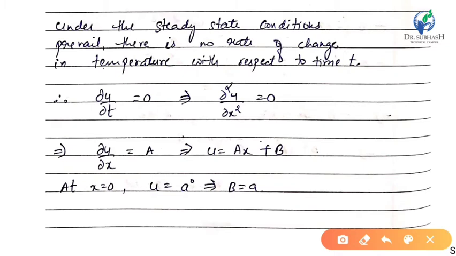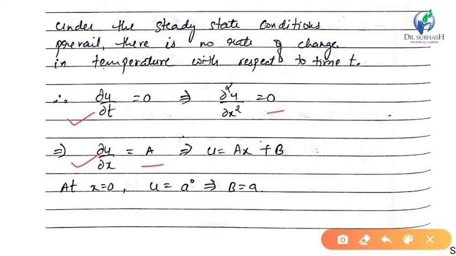So, what we will do is, we will integrate the equation. See, again I am repeating, there is no rate of change in temperature. This means that del u upon del t equal to 0, which implies del square u upon del x square equal to 0.